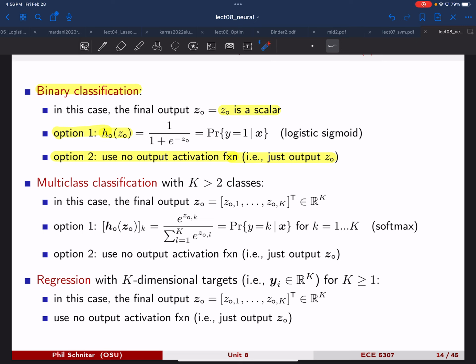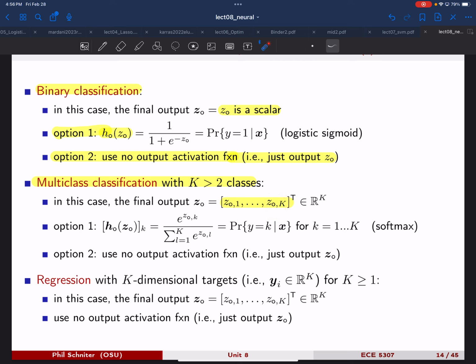Okay, I'll show you the loss functions on the next page. So what about multi-class, with more than 2 classes? What we've always done is output a list of scores according to the one versus rest idea. The first score is for being in class 1 or not, the second is for being in class 2 or not, and finally, being in class K or not.